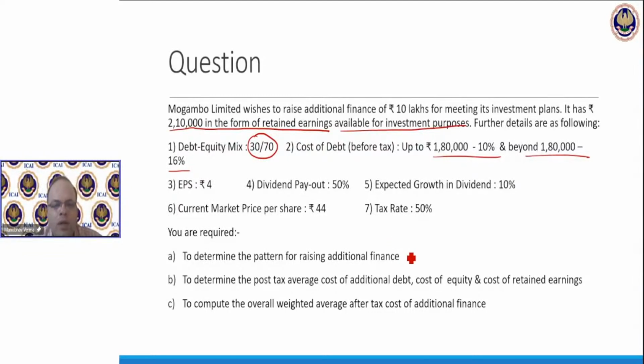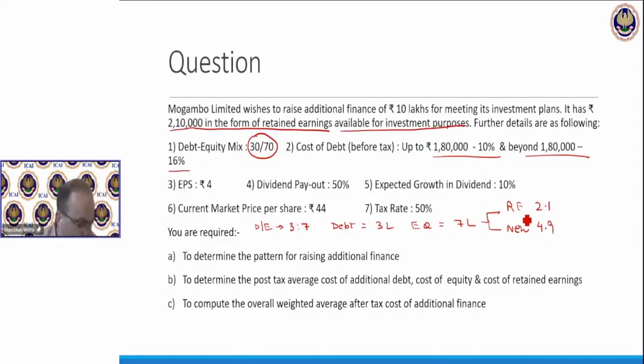So guys, what is my debt equity mix? Debt equity mix is 3:7. Hence, we are looking at debt as 3 lakhs and equity as 7 lakhs. Now, out of this equity, we have retained earnings of 2.1, and new equity as 4.9.